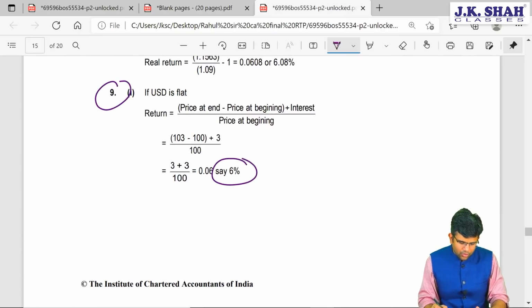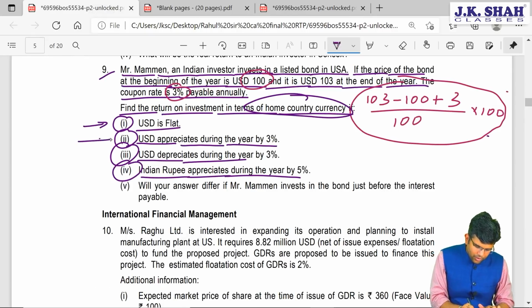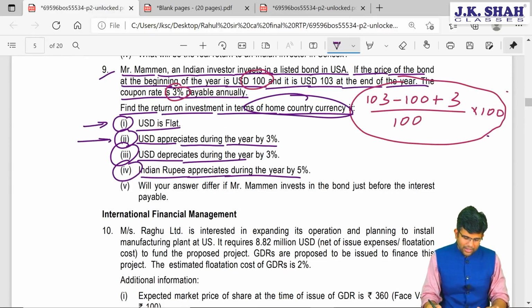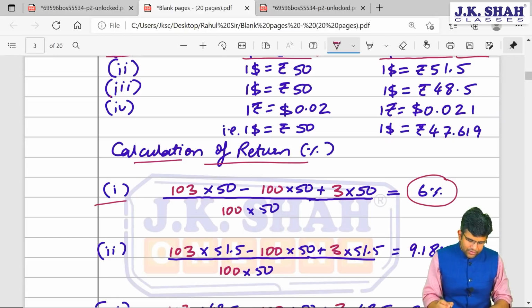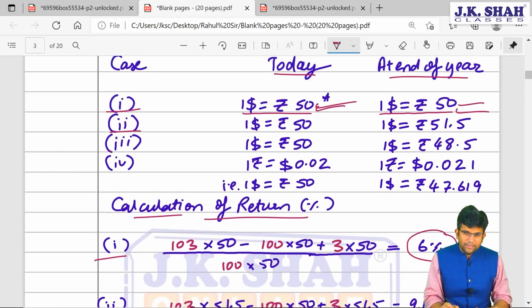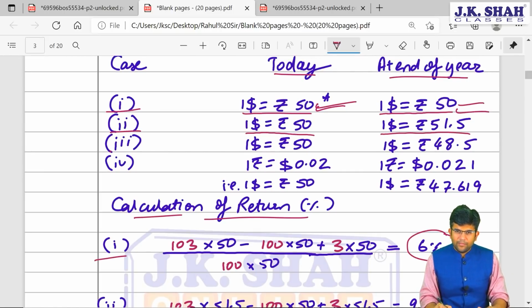Now students, I'll go to point number 2. Point number 2 is where they are saying, what if the dollar appreciates by 3%? So children, if dollar appreciates by 3% in case 2, spot rate is $1 equal to rupees 50. If it appreciates by 3%, it is 50 plus 3%, that is rupees 51.5.